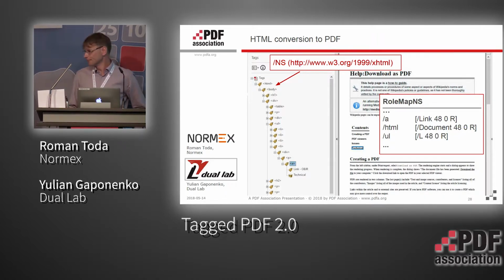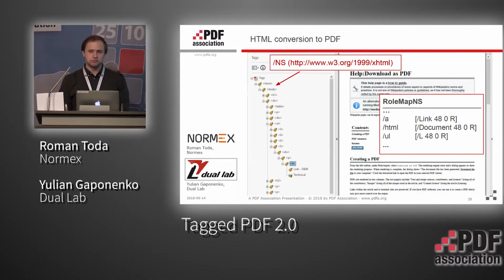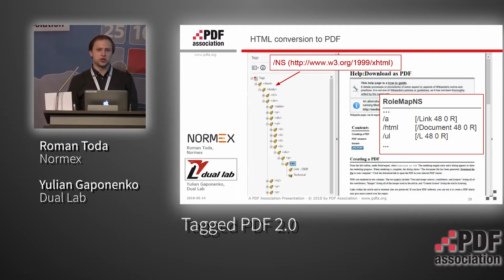And let me ask Yulian to give you a little guidance through one specific use case, one specific sample. Please. So let's conclude by looking at the format interchange context and how it is enriched with new features from PDF 2.0.